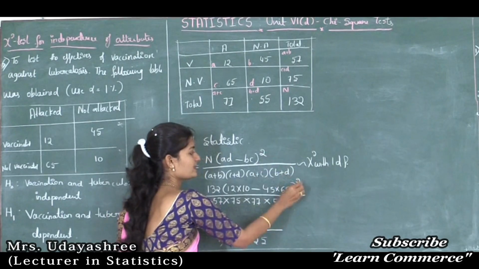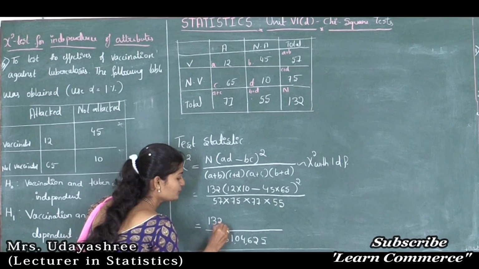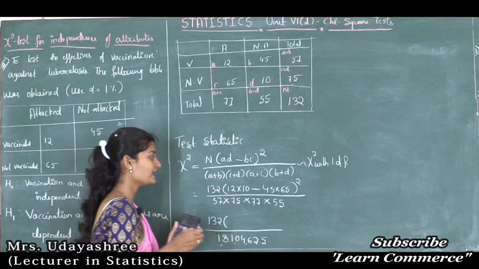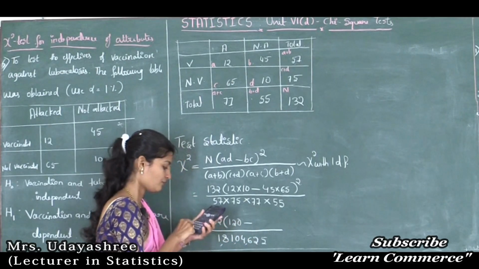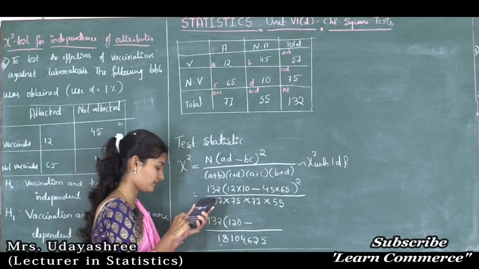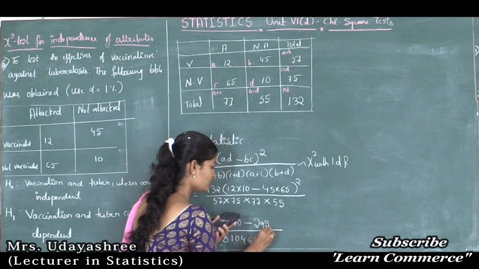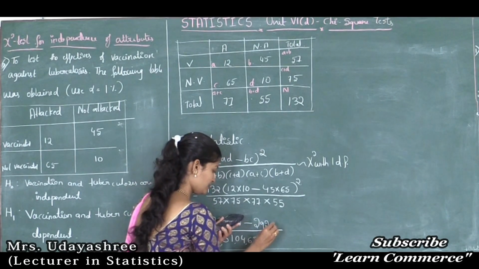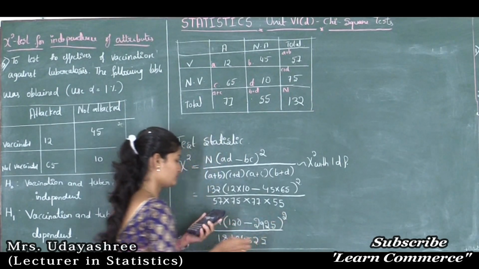Here the square is there. First I will solve this one, that is 132 into first 12 into 10, that is 120 minus 45 into 65, that is 925 square, whole square.